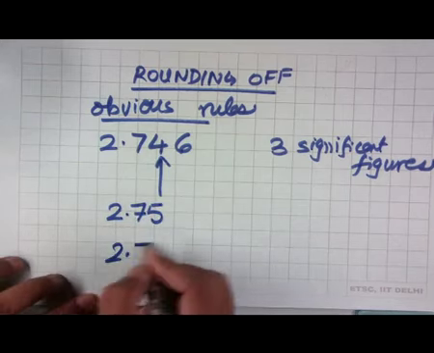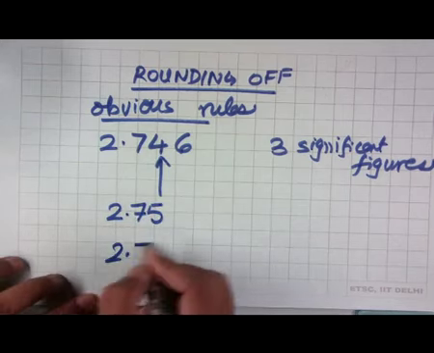But there is one more thing we keep in mind. If we have to round up a number like 2.7351 up to 3 significant digits, which means we have to retain the first 3 digits and the digits to be dropped are 5, 1.